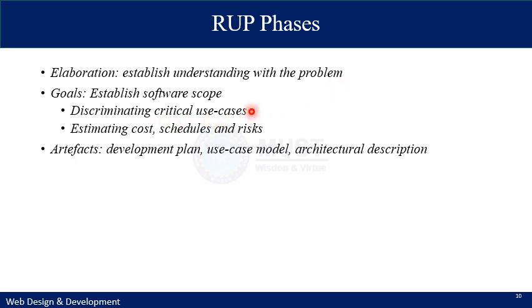That means the major functionality is highlighted in the elaboration phase, and it will also estimate the cost, schedules, and the risk involved in the development. So the end product will be a development plan that you can specify for the implementation, a use case model, or an architectural description of how your components will be divided in the web application.